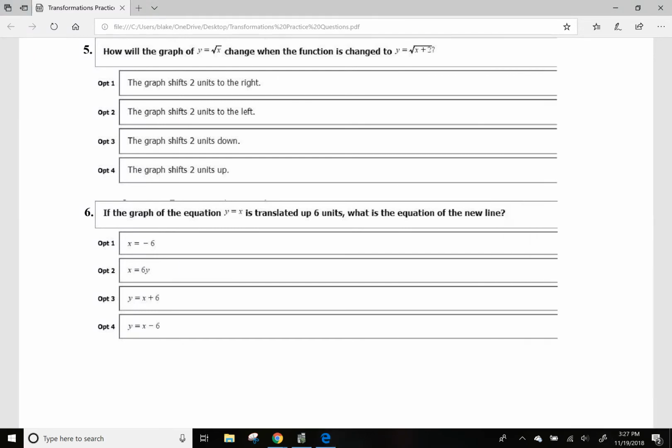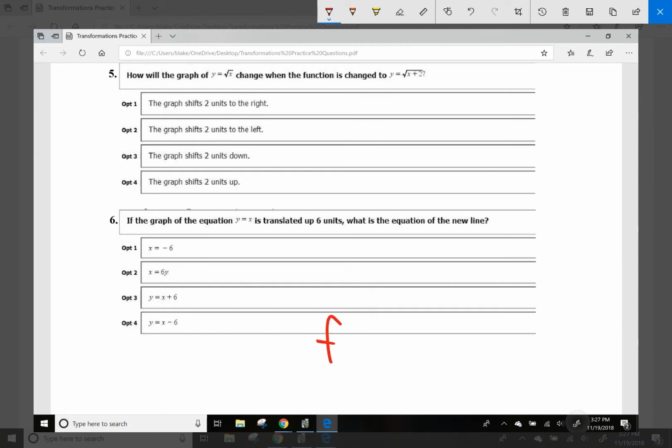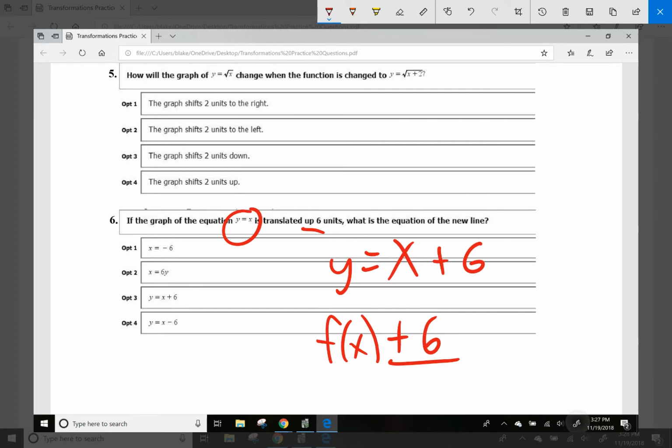Up means vertical, so I'm expecting to add 6 to the outside of my function, because up means plus. My original function was y equals x, so I add a 6 to the end of it. Then I'll have my graph translated up 6. So it's clearly option 3.